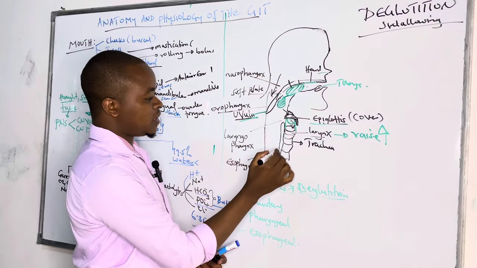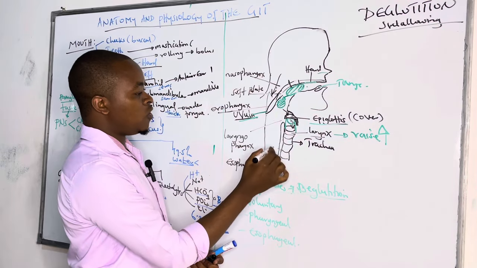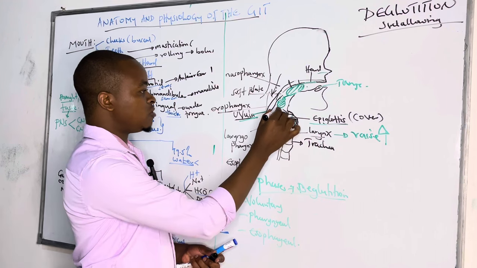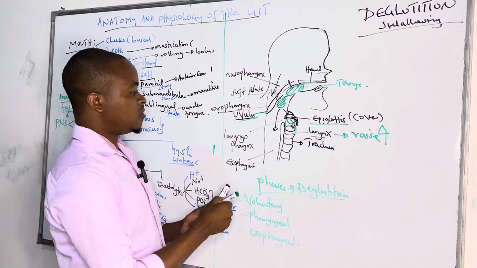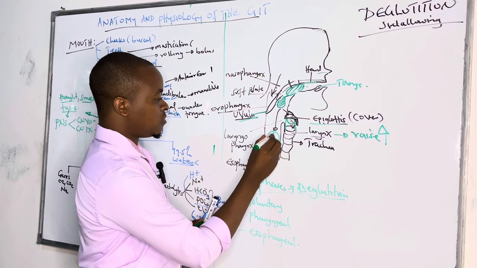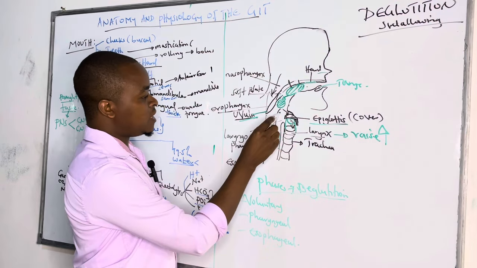And when it closes, the only option for food to move is into the esophagus. So the food bolus moves into the esophagus via the oropharynx.